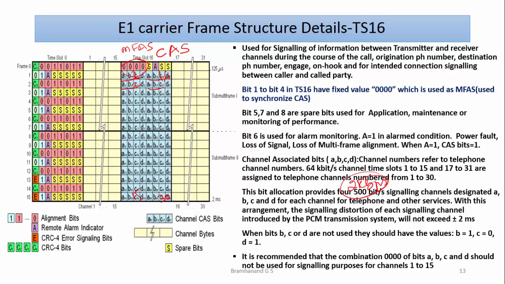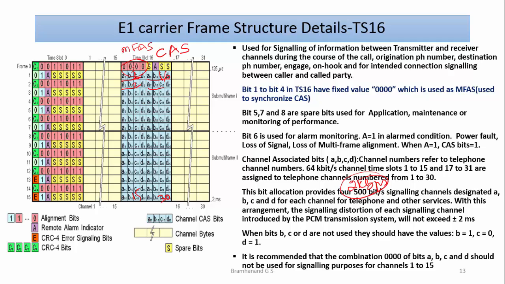So every channel is associated with a 2 kbps channel through which a lot of information is exchanged between a transmitter and receiver for a specific channel. This is channel specific signaling, right? So establishing of the call, engage of the call, phone number exchanges, destination phone number, source phone number. So this will give the intended signaling information between a caller and called party.